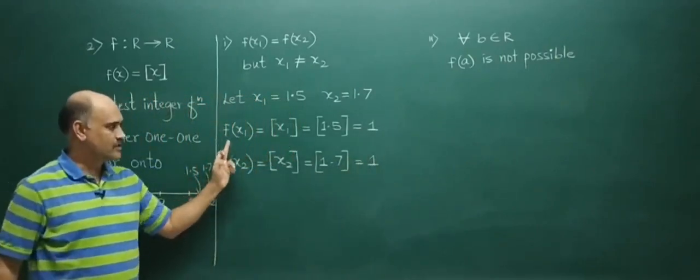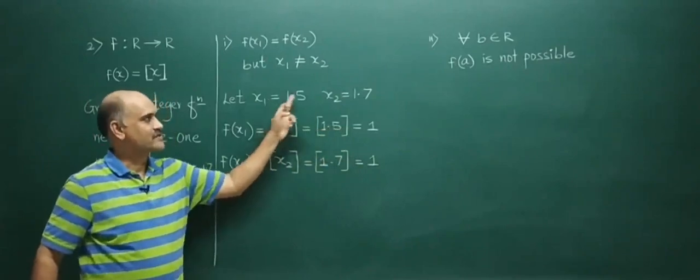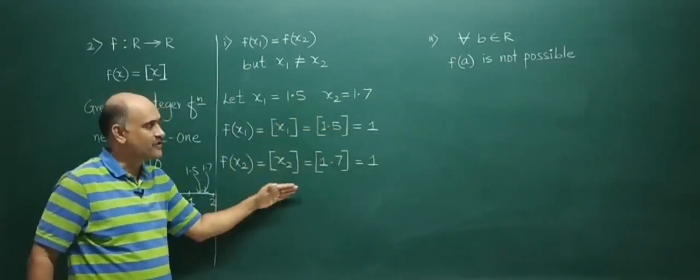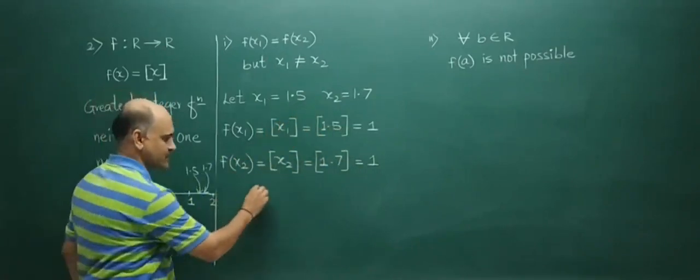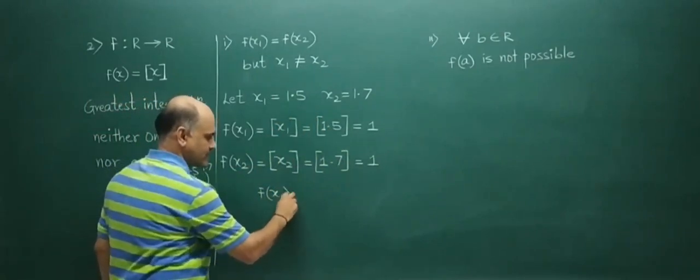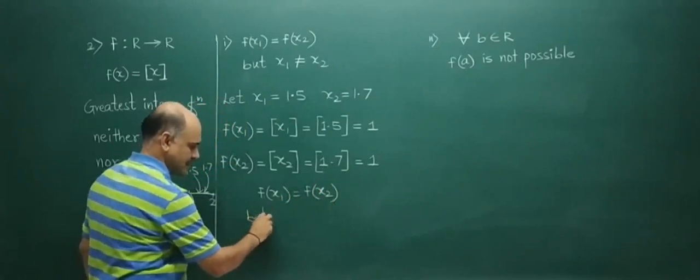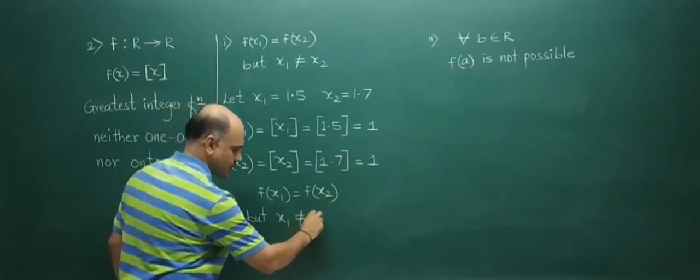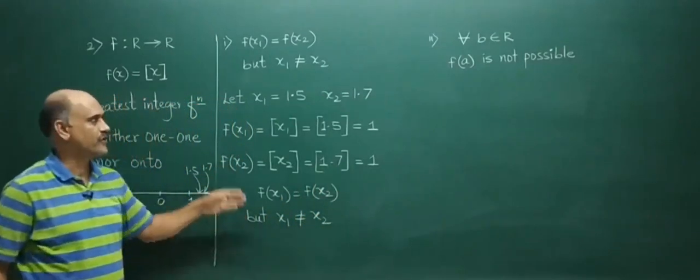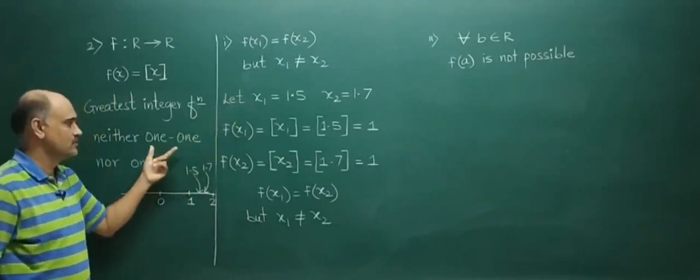If you observe, both are equal, but x1 is not equal to x2. Therefore it is not one-one. So again you can write f of x1 is equal to f of x2, but x1 is not equal to x2. Therefore f of x is not one-one.